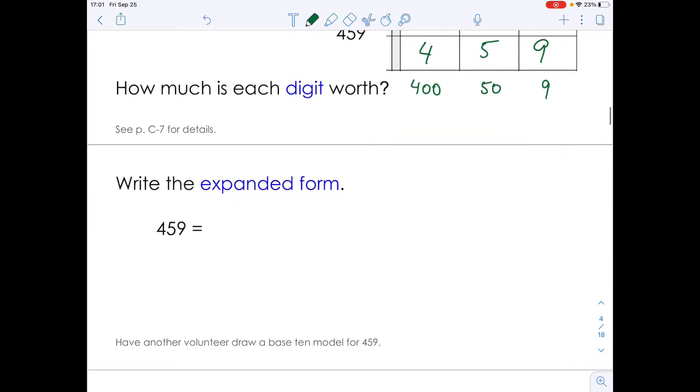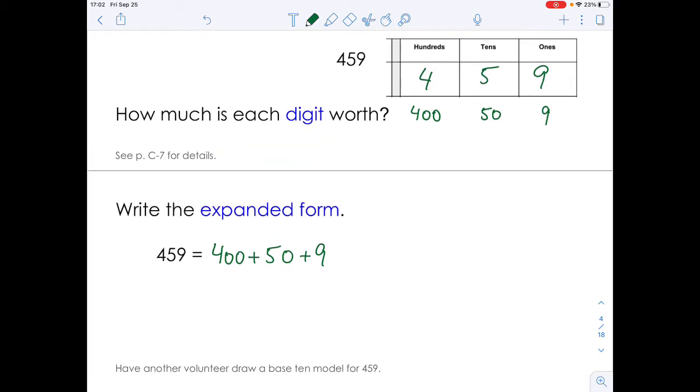So expanded form looks very much like that. It would be 400 plus 50 plus 9. And if you want to show that with base 10 blocks, you would have 4 100 blocks, 5 10 blocks, and 9 1 blocks, just like our place value chart here shows.